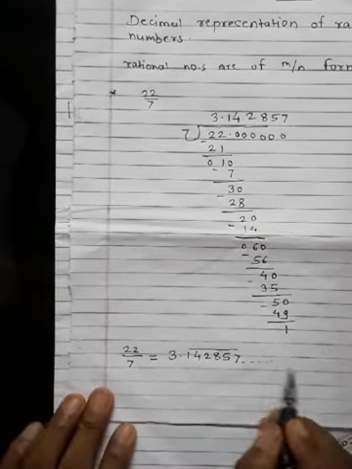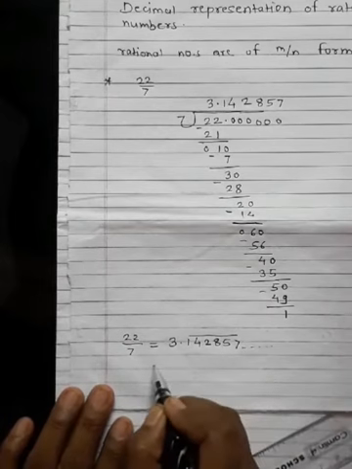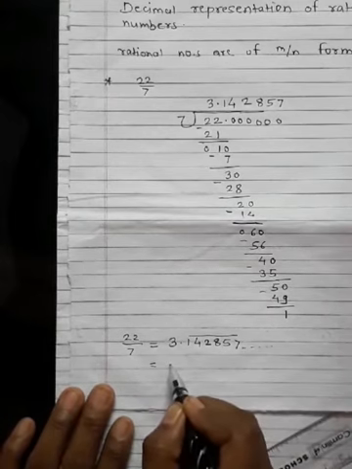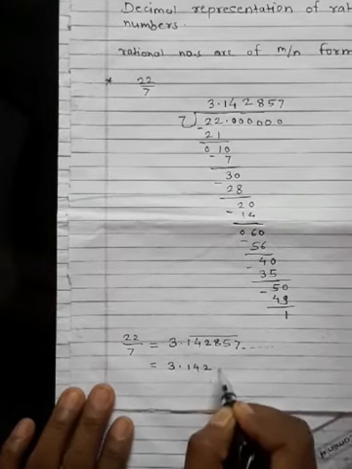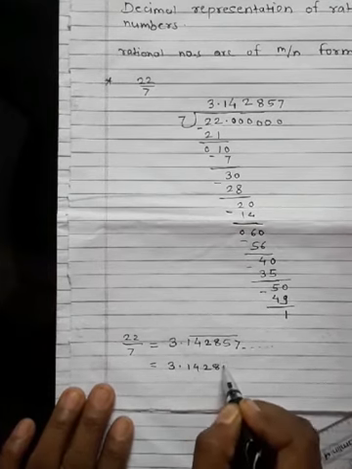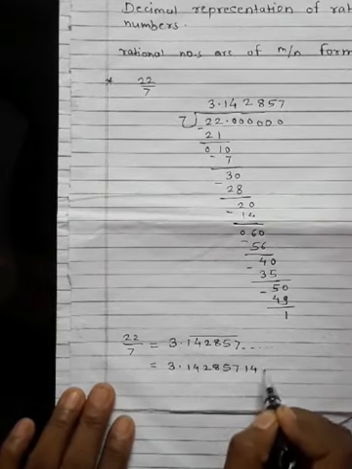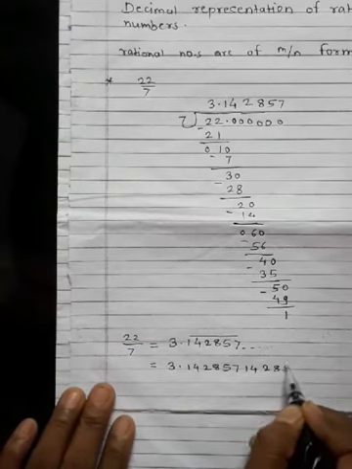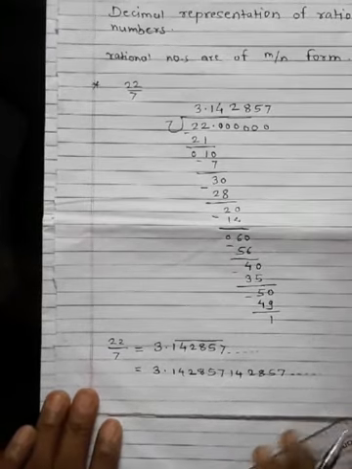Therefore we write the recurring sign, or write like this: 3.14285 with dots, the recurring sign.